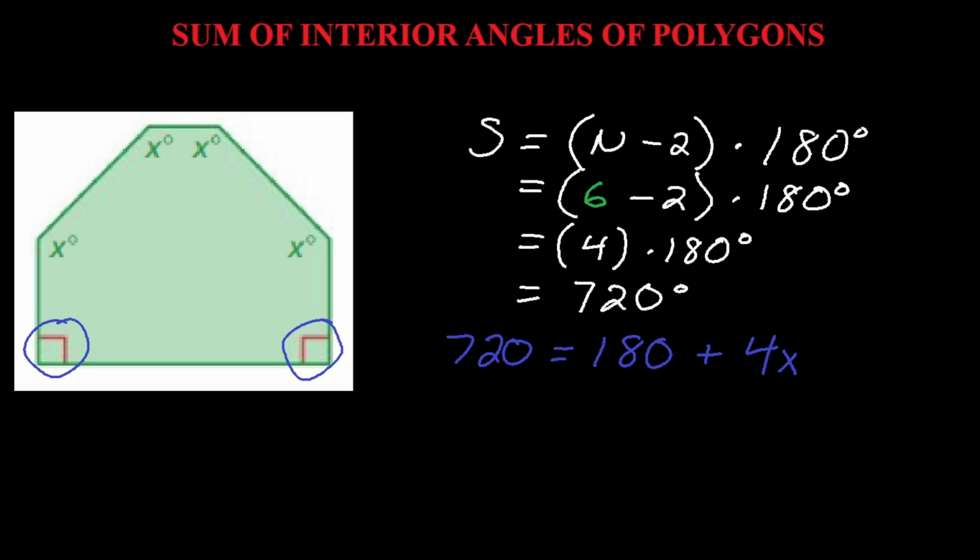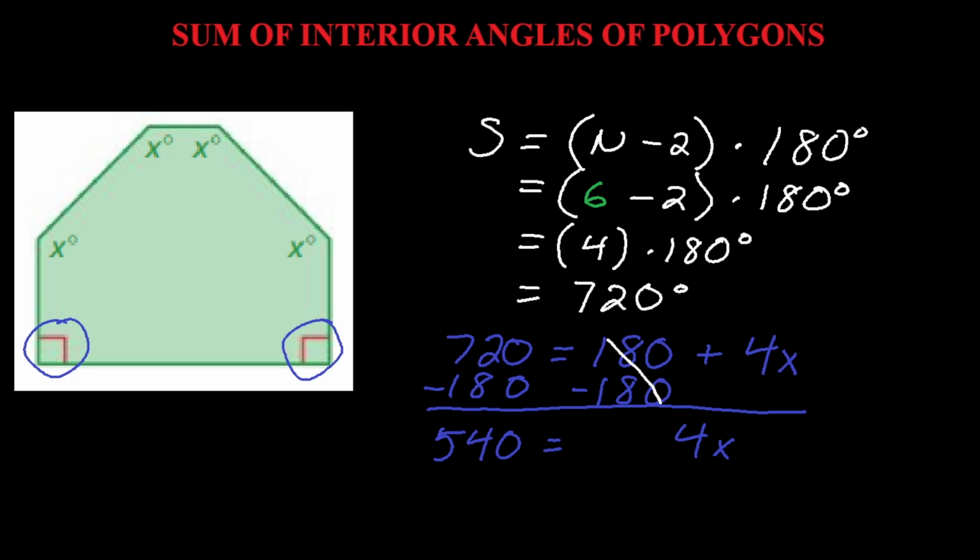And once we have this, it's a two-step equation, and in order to solve for x, we first subtract 180 from both sides. And that gives us 540 equals 4x, and then we simply divide both sides by 4. And that results in x being 135 degrees. So each of these interior angles is equal to 135 degrees.